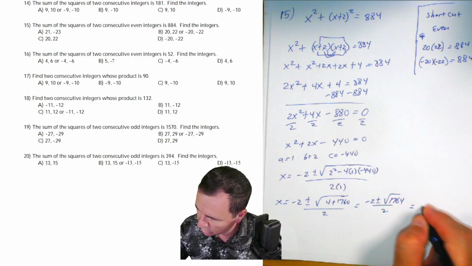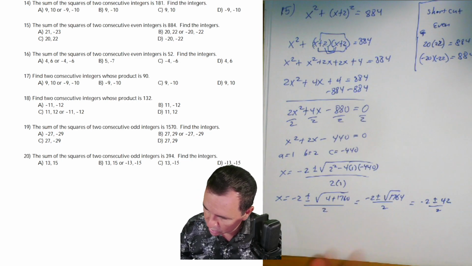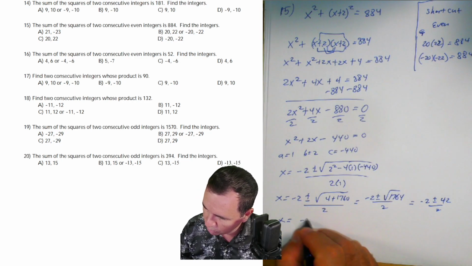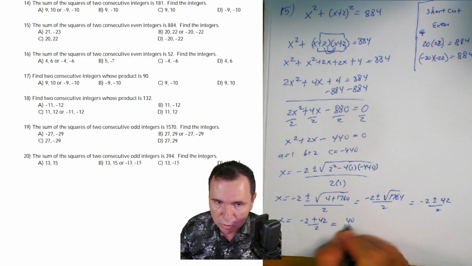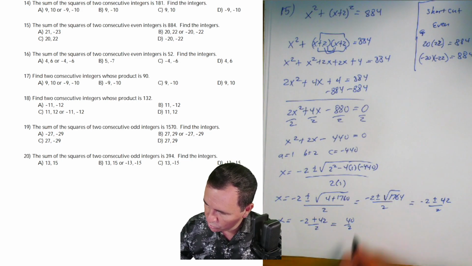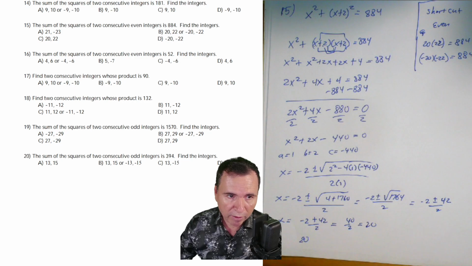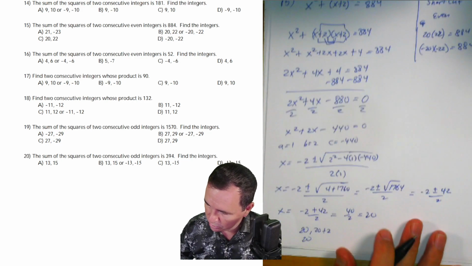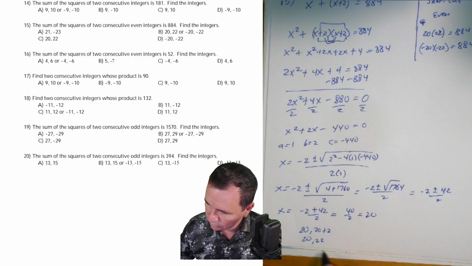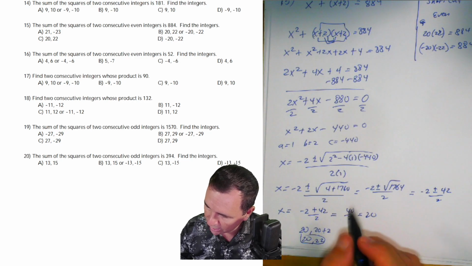So this turns into negative 2 plus or minus 42 over 2. So there's two situations. X can either be negative 2 plus 42 over 2, which gives me 40 over 2, which is 20. And then my second answer, because they're consecutive even integers, would be 20 plus 2, which is 22. Those are two answers. But then you can also subtract 42.